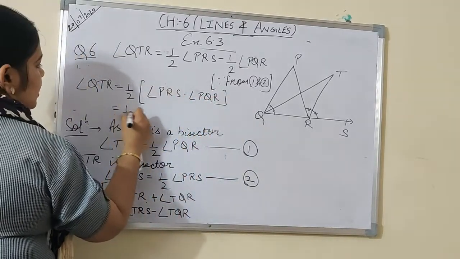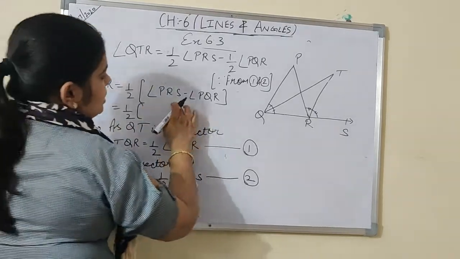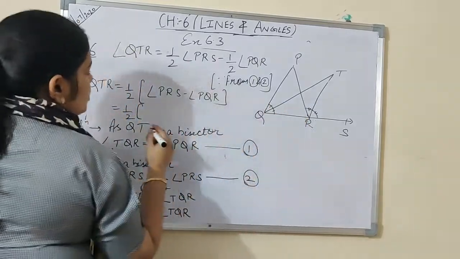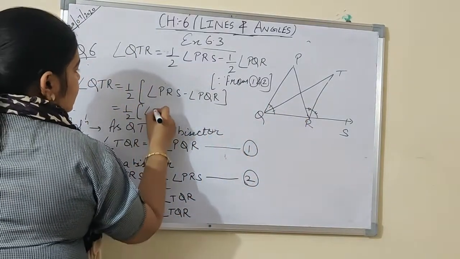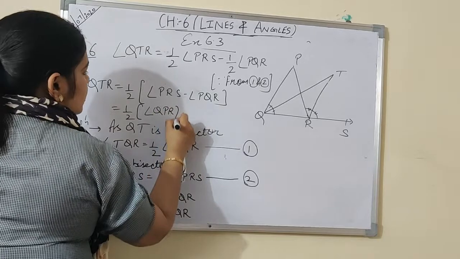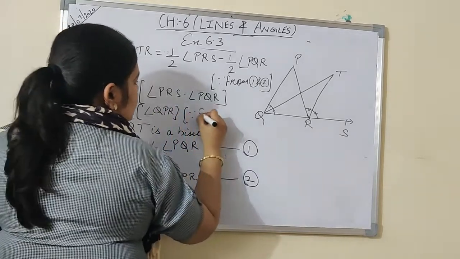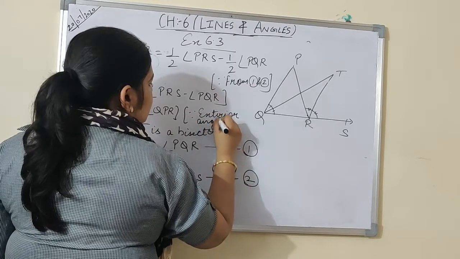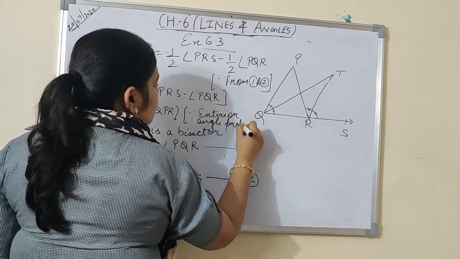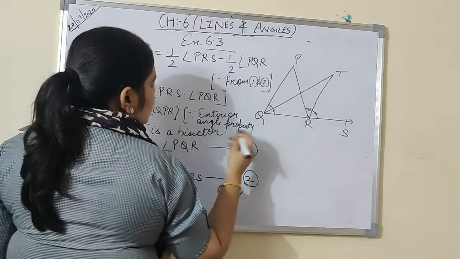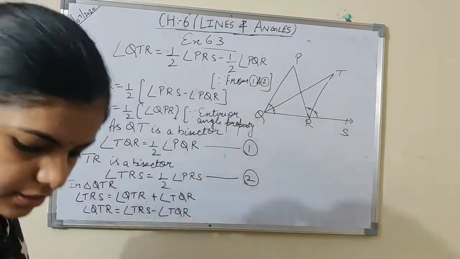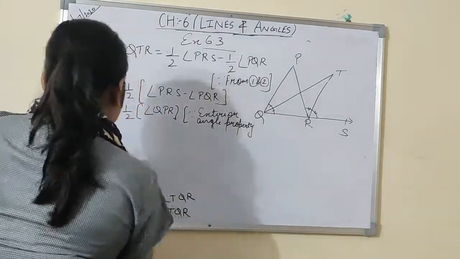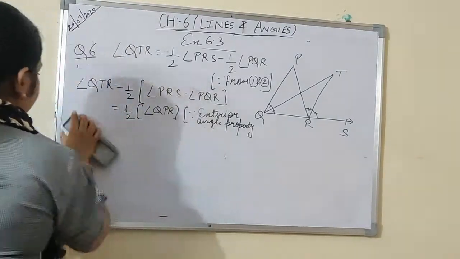Then according to the question you can see that it is written angle PRS minus angle PQR. So I can replace it by angle QPR because of exterior angle property. I am explaining one step over here so that it will be convenient for you to understand.